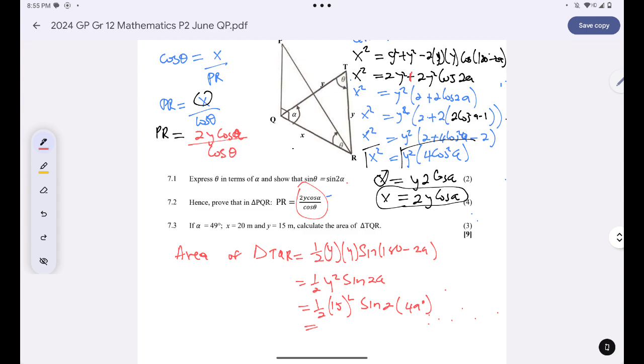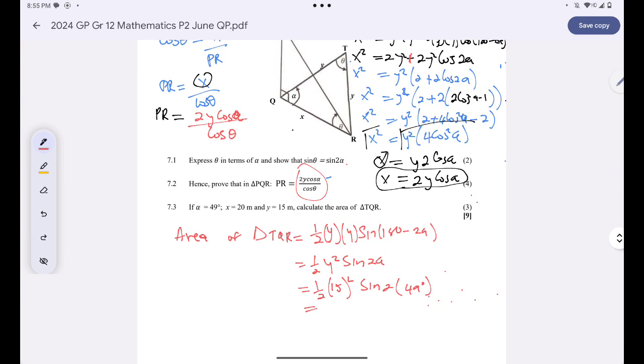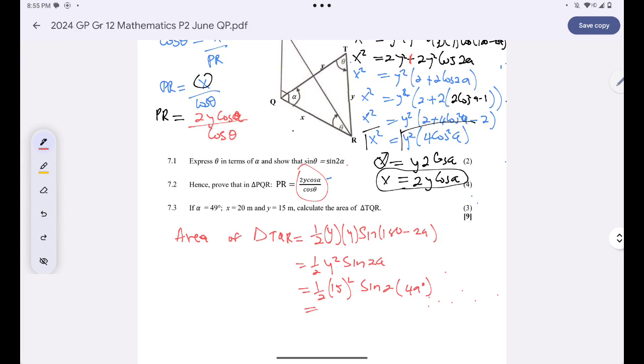Let me punch my precious calculator. I have 1/2 multiplied by 15 squared multiplied by sine 2 times 49, which will give me 98.